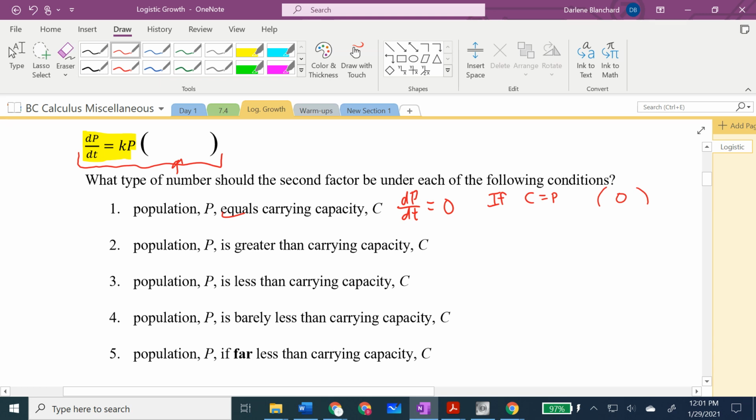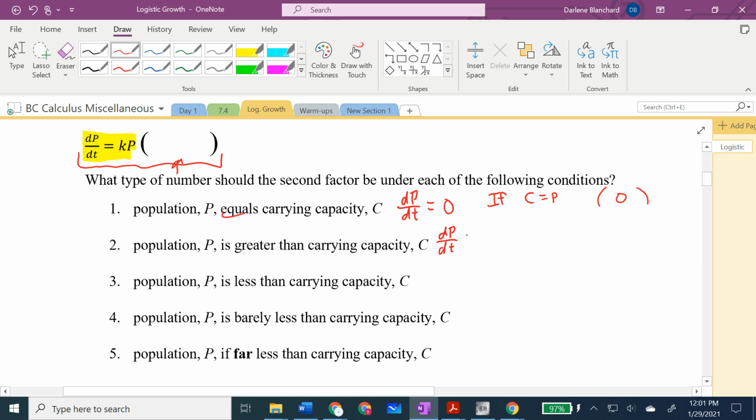Now, the next couple things are, what should you expect dP/dt to be if you are over carrying capacity versus under carrying capacity. If you are over carrying capacity, tell me how your growth rate is different from being under carrying capacity. Yep, an issue of being negative versus positive.